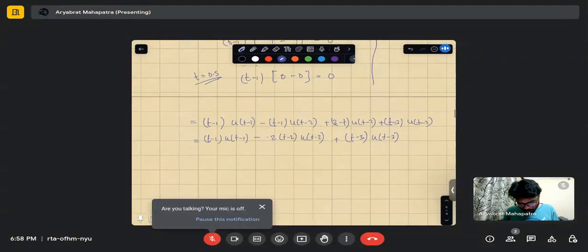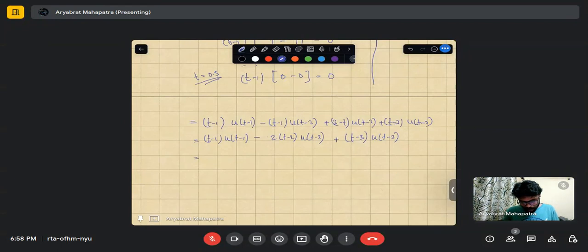So using that here, first I have to take Laplace transform of u of t minus a, that is u of t minus 1.